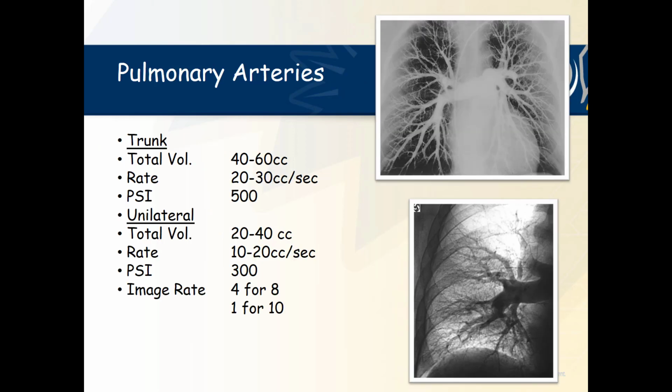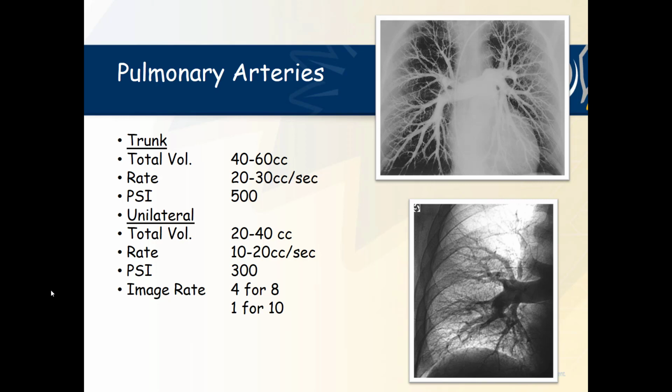Pulmonary arteries. Here you can see this is a unilateral injection, and here again they just inverted this image, and this is going to be pulmonary arteries, but the contrast is showing up white. We didn't really care to do pulmonary work.